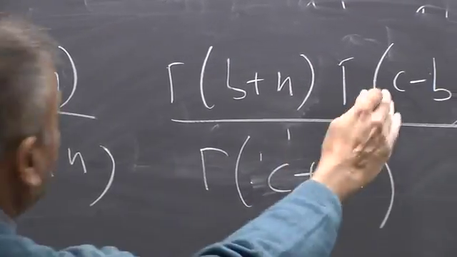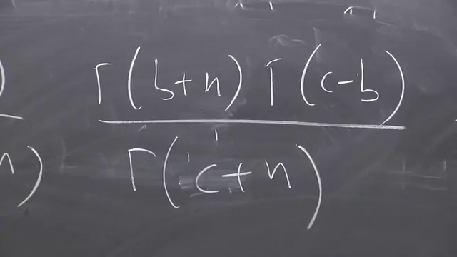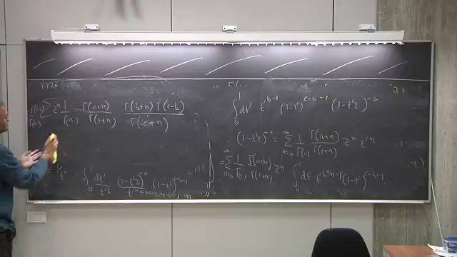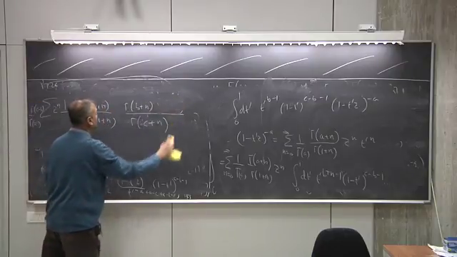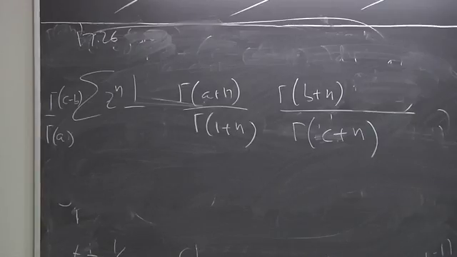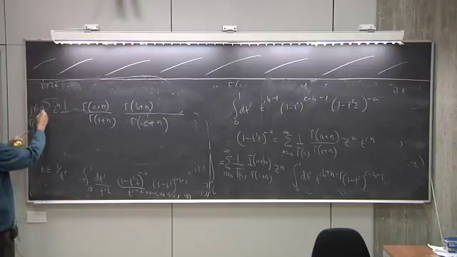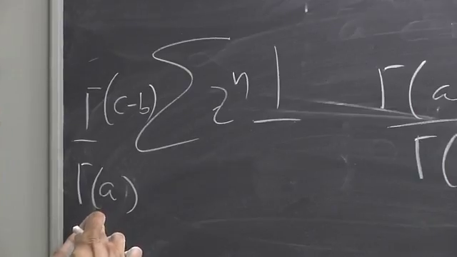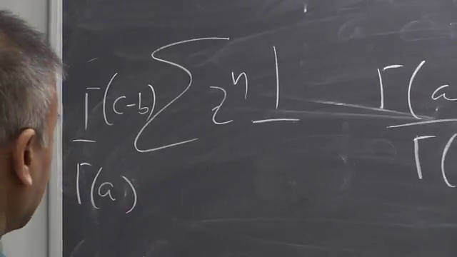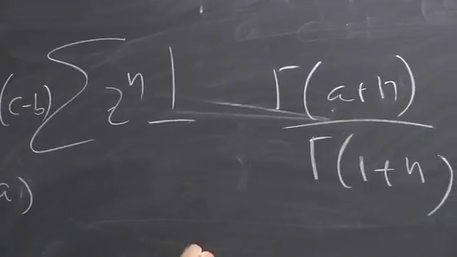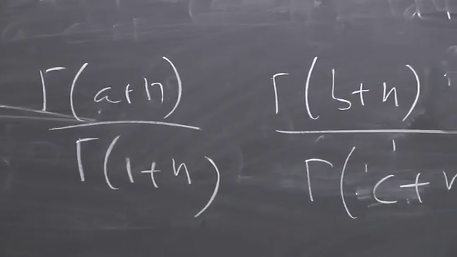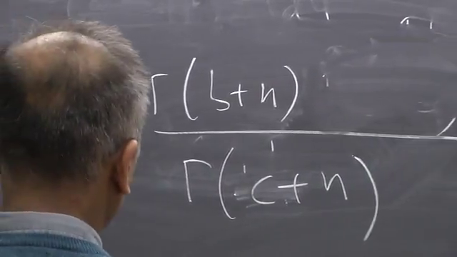Okay, these are constants, n independent, so let me take them out: 1 over gamma a and gamma c minus b I take out. And this is what you recognize. This is exactly the series expansion for the hypergeometric function F(a,b;c;z). So up to this overall constant, for the hypergeometric function F(a,b;c;z), it was gamma c over gamma a gamma b, times this expansion, this part.